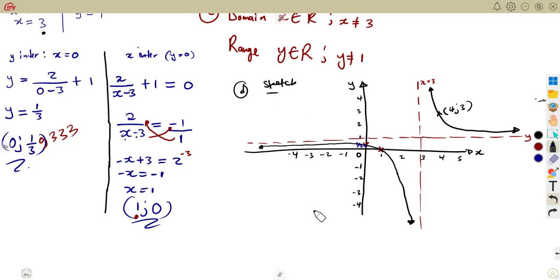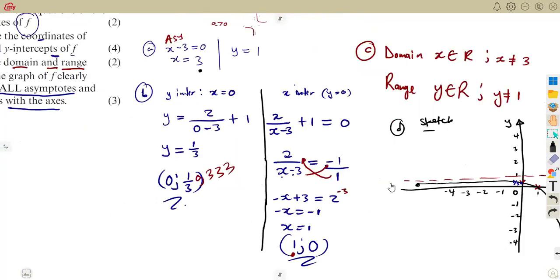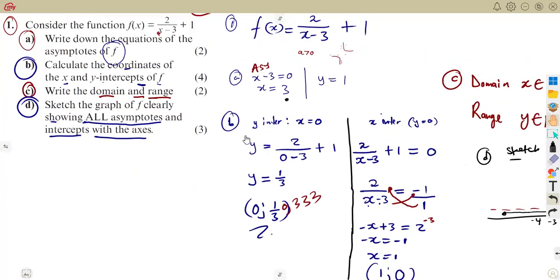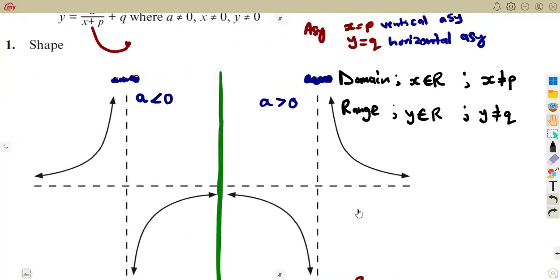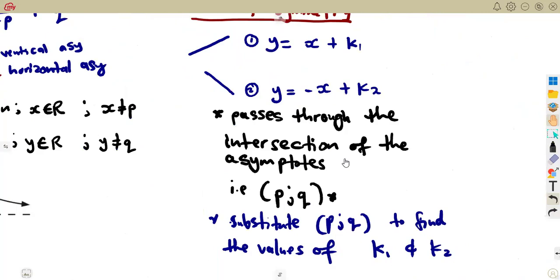They can even ask you to calculate the equation for the axis of symmetry. Remember, it is going to pass through the point of intersection of the asymptotes. It has a positive gradient. So if it was a condition like that, because we talked about this, here we are done. I'm just finalizing. Yeah, remember I talked about this.